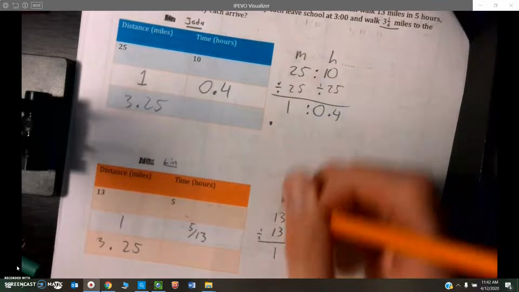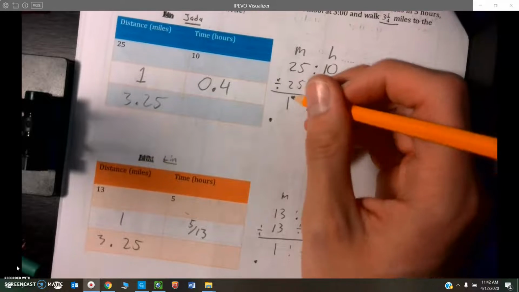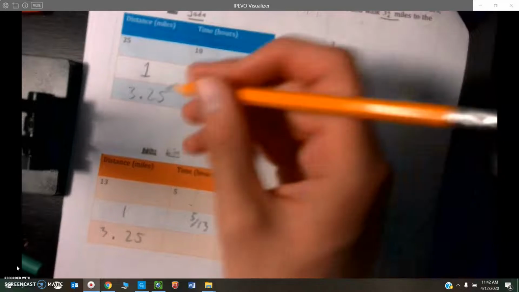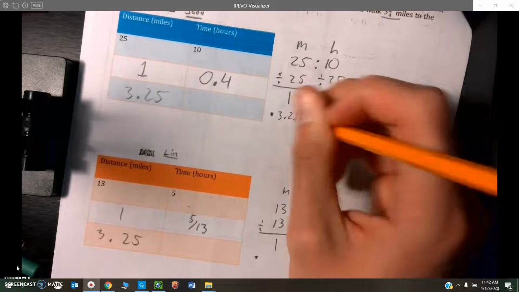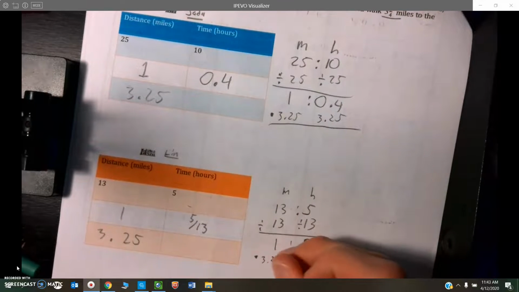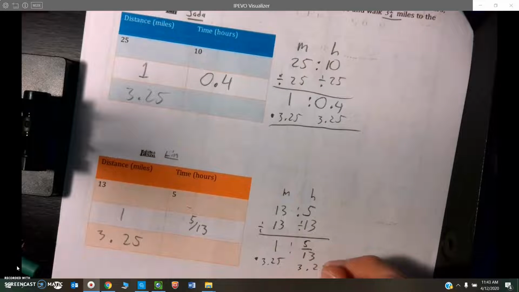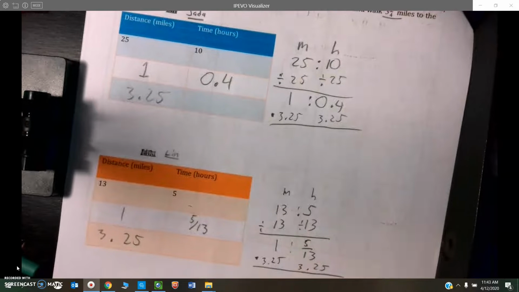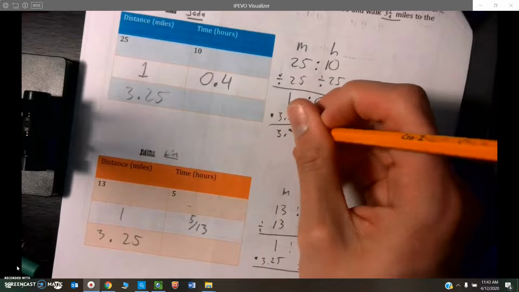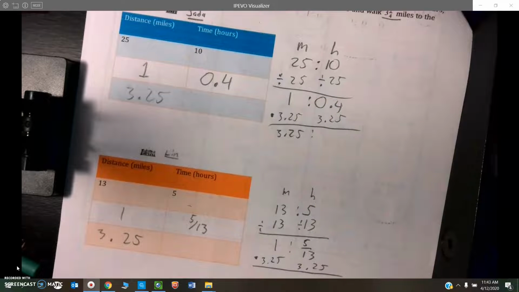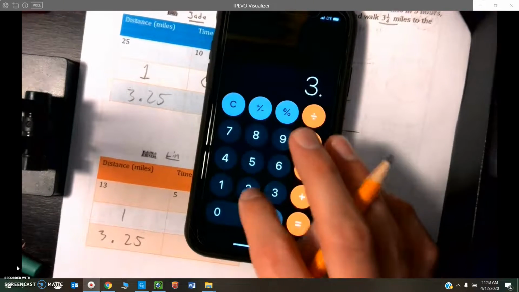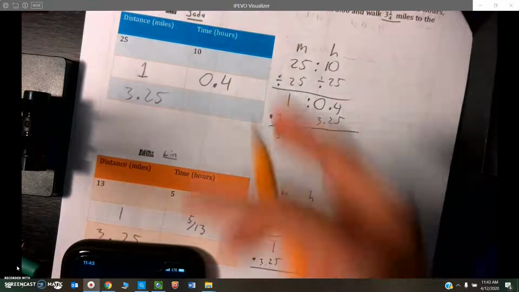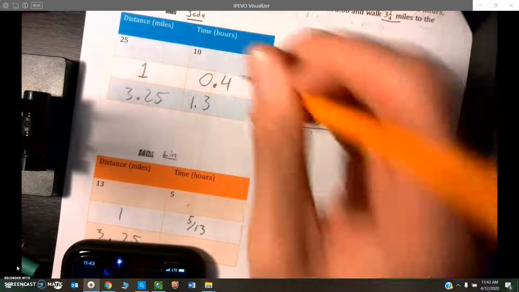The unit rates are really nice, because all you have to do once you have the unit rate is multiply by the number you want to find. 0.4 times 3.25 is 1.3.